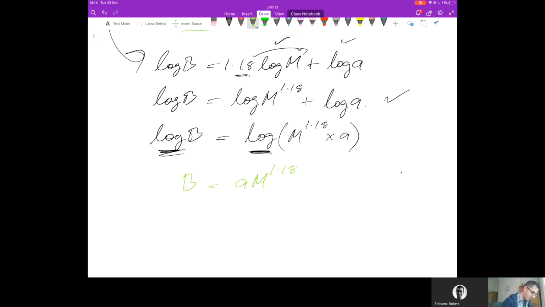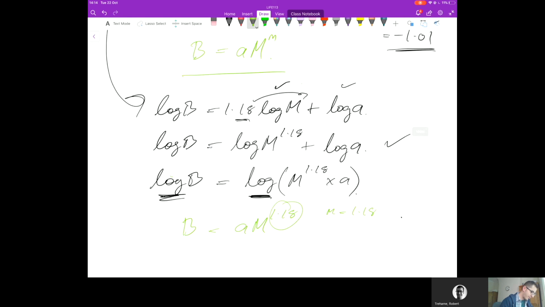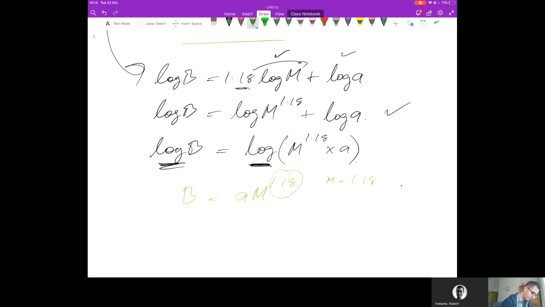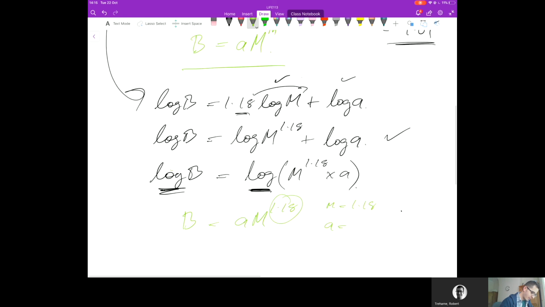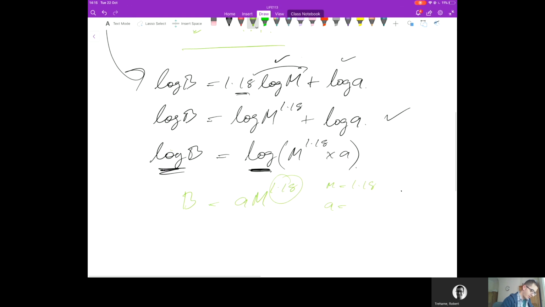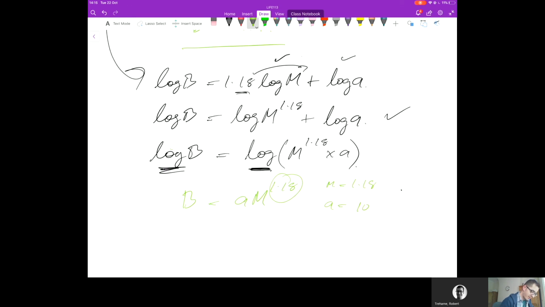So in this case, that little m is 1.18. Remember the form I was trying to write it in? And I've already said log A is equal to minus 1.01, so A is equal to 10 to the minus 1.01. So that's how you do it.